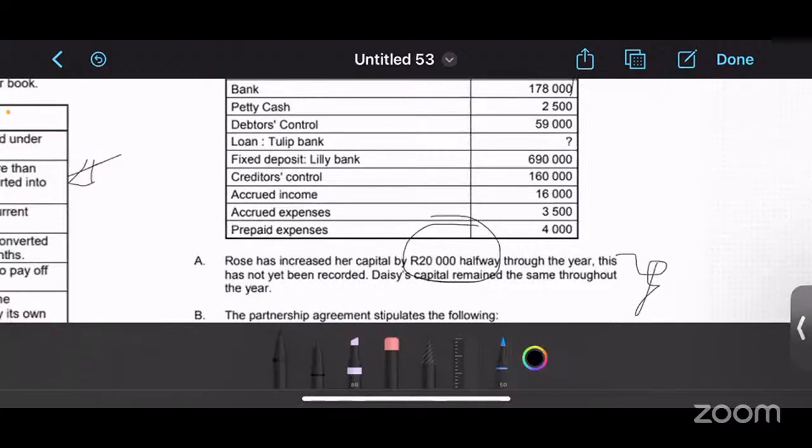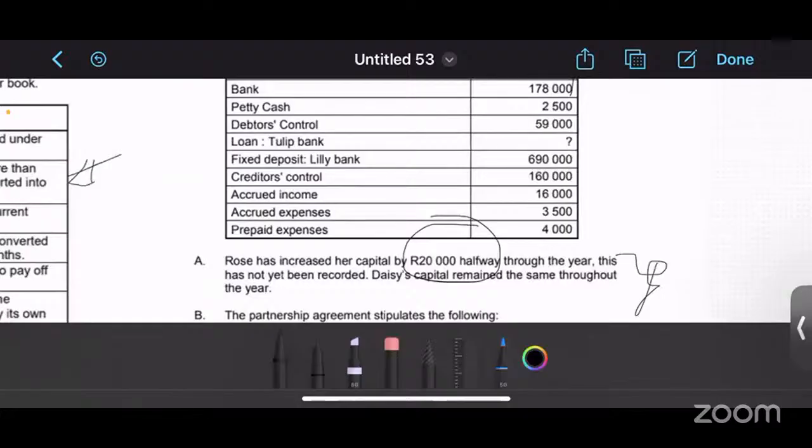So that means it has only been in the business for 6 months. So you're going to calculate the interest separately, because an amount that has been in the company for the whole year is not going to earn the same interest as the one that just got in.